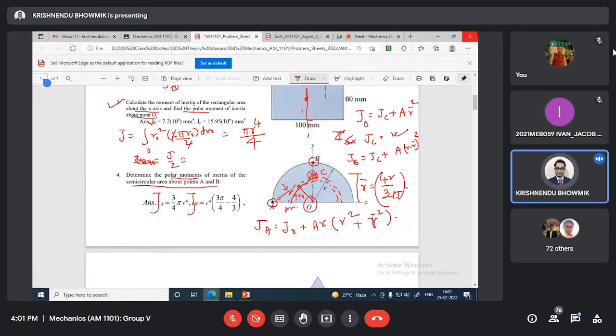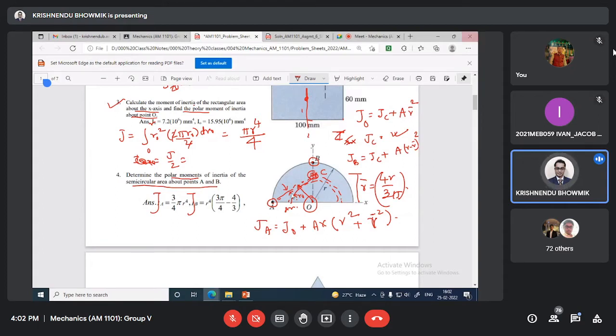Understood. So what we did: first of all, we calculated the J value for the half circle, then moved J0 to the centroid, Jc. Then from Jc we move to Jb, then Ja. Why? The parallel axis theorem is only applicable between two parallel axes, and one needs to pass through the CG.